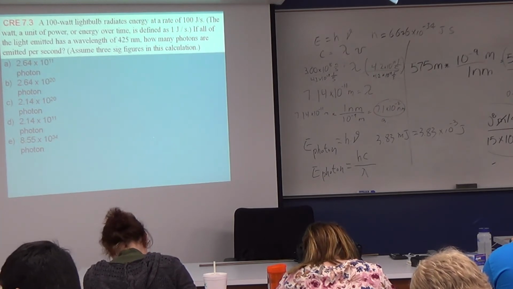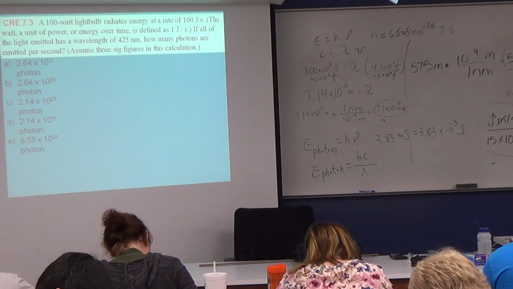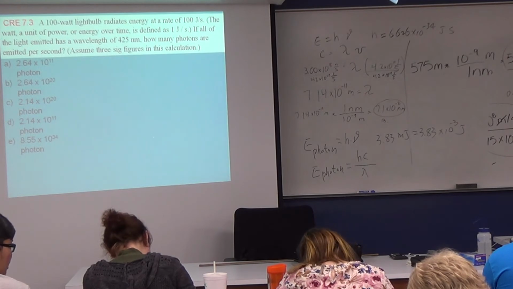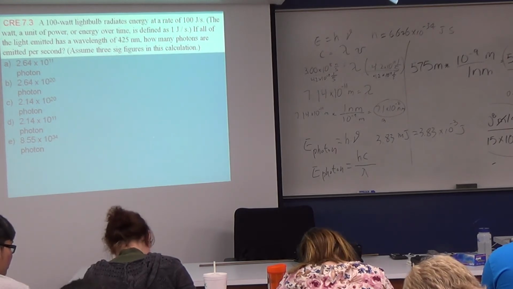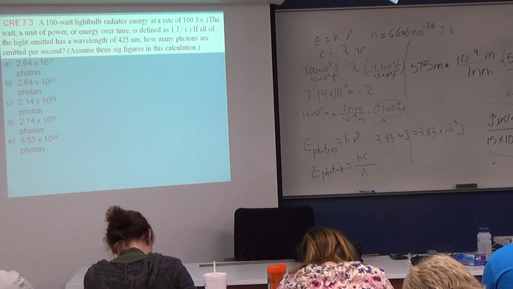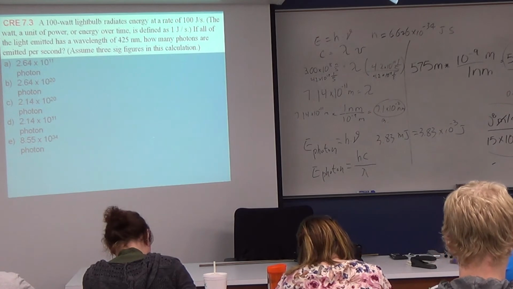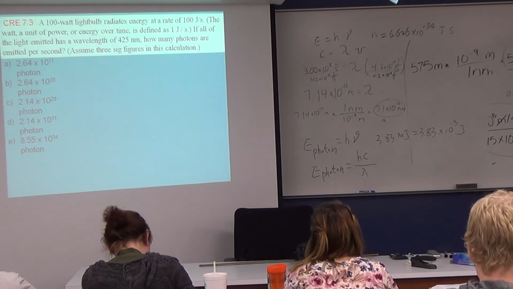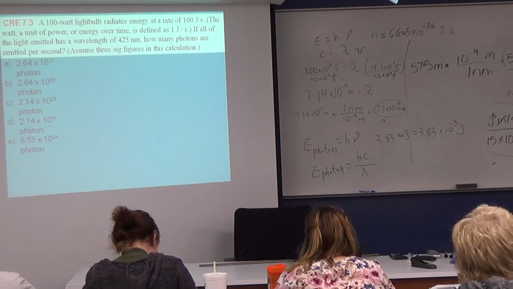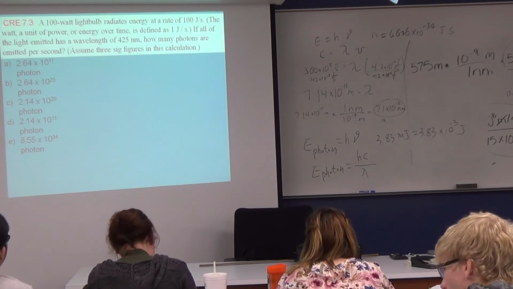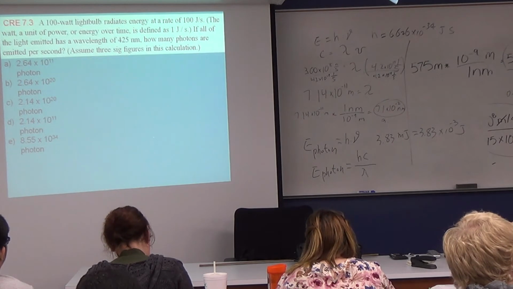So you first converted to meters, that's perfect. Then here is hc divided by lambda, so you get the energy for one photon in joules, right? Now, what is the idea? We think about every 1 second, that light produces how much energy, 100 joules per second.